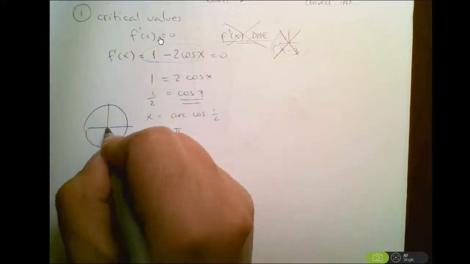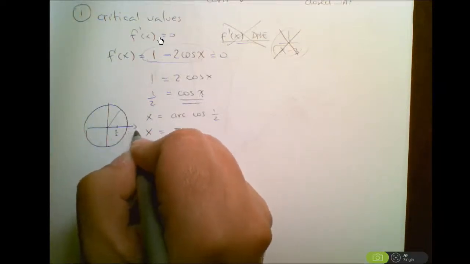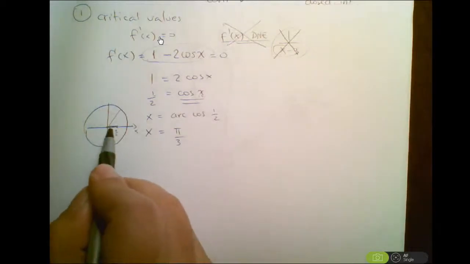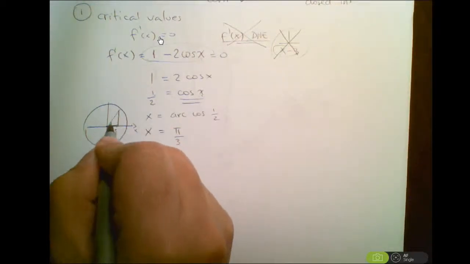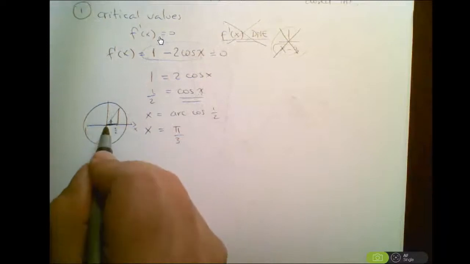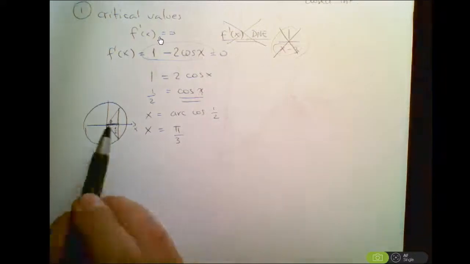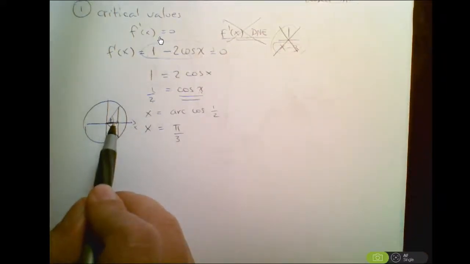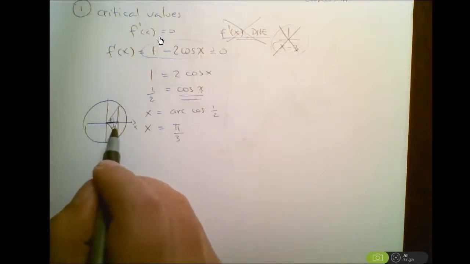Now remember the unit circle. If I want the cosine to be 1/2, remember that the cosine is this distance on the unit circle. So if this is my radians right here, the other one is going to happen over here. So it's not only pi over 3 whose cosine is 1/2, it's also 2 pi minus pi over 3.